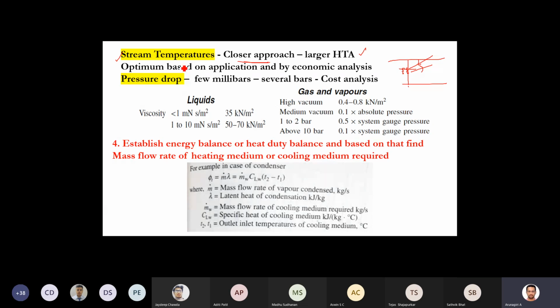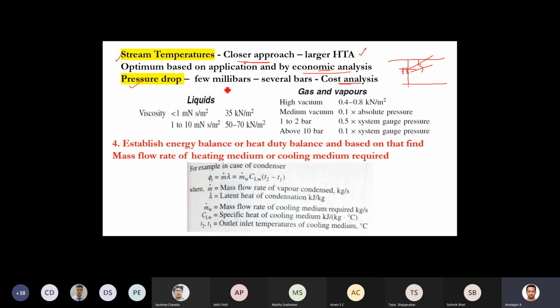So you have to find the optimum based on the economic analysis, that you have to do the cost analysis, like capital cost and operating cost. Then you can identify the temperature range, or accordingly you can modify.